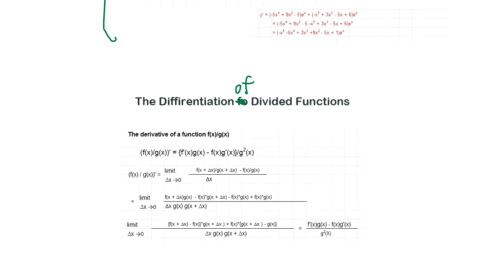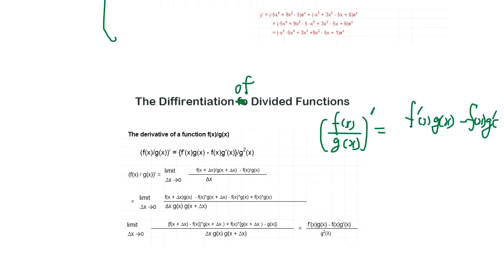Okay, when you have f(x) over g(x) and you want to know the slope function, then simply take the slope function of f multiplied by g(x), minus f(x) and the slope function of g, over g(x) squared, and proof is here.